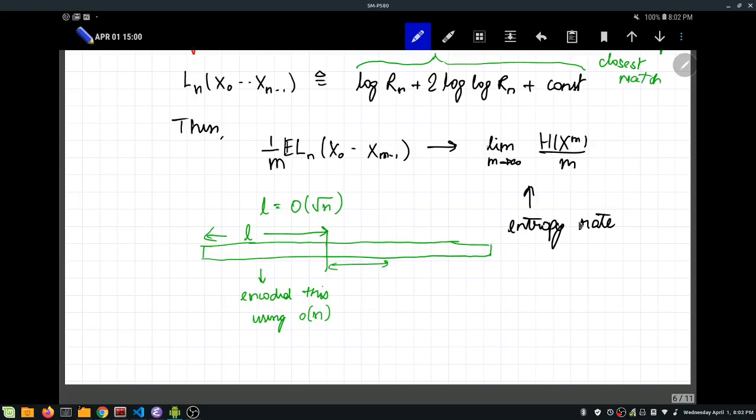As you progress through the file, in the first L symbols perhaps the size of the matches is not too large, or in other words, the length of each phrase in the first L symbols is not too large, but that doesn't matter because you have only encoded a very small fraction of the file and the overhead is not too large.